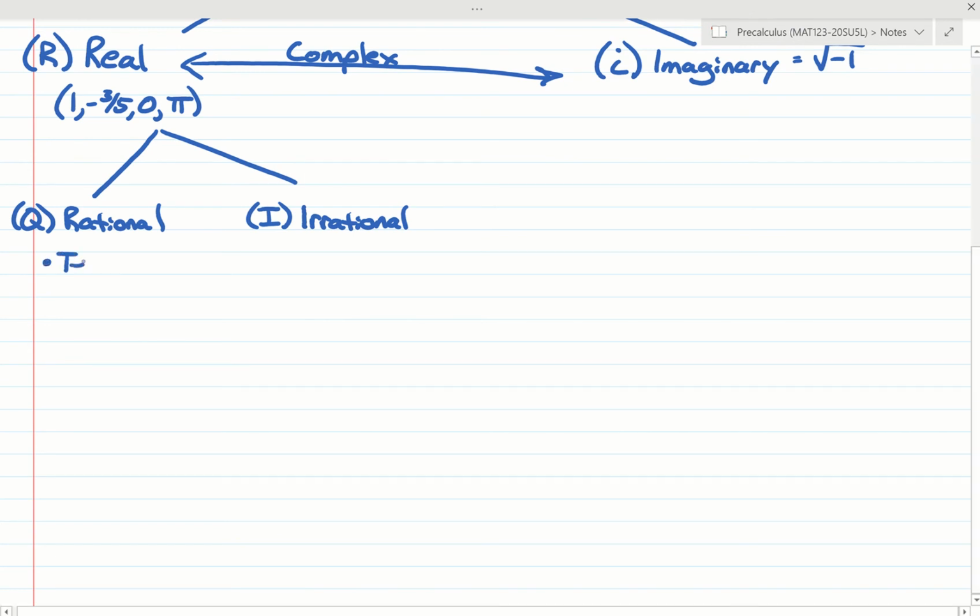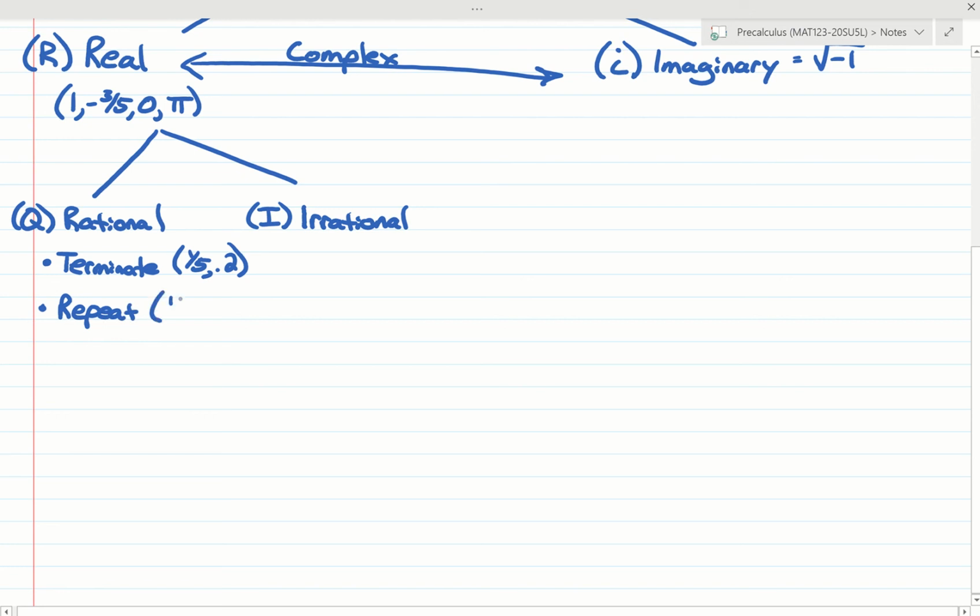Rational numbers terminate. Terminate means that they end. So if you were to type it on a calculator, say you typed in 1/5. 1/5 ends. That's just 0.2. Or there's some kind of pattern. So they repeat.